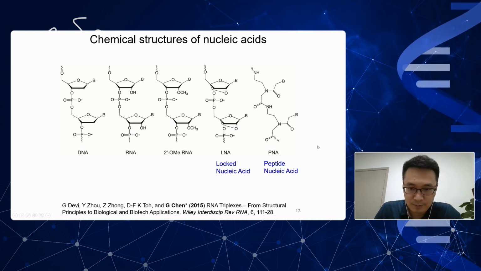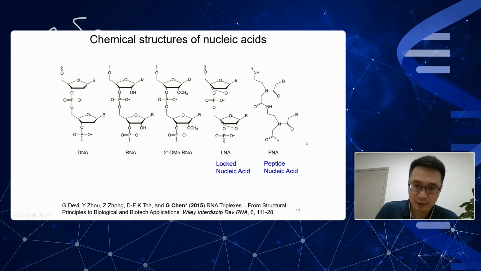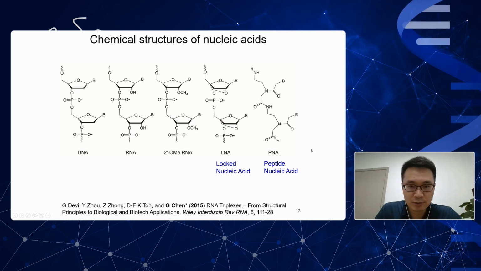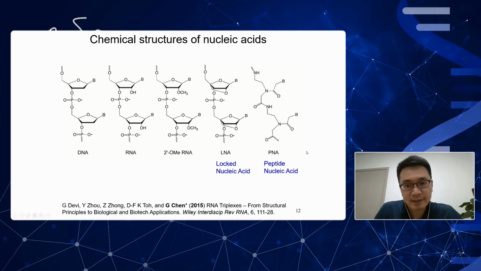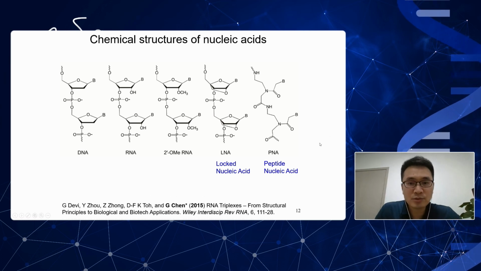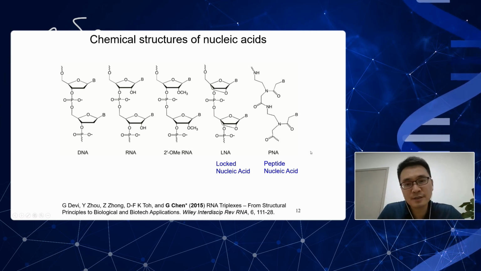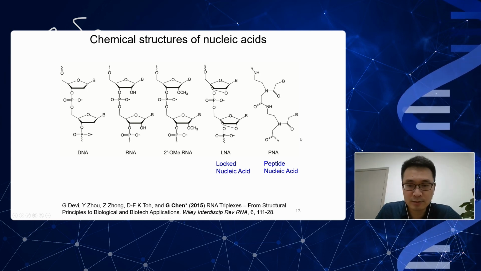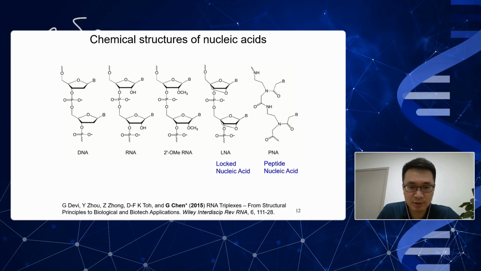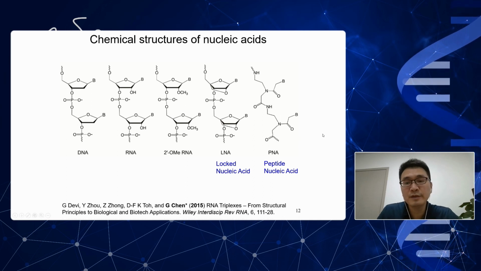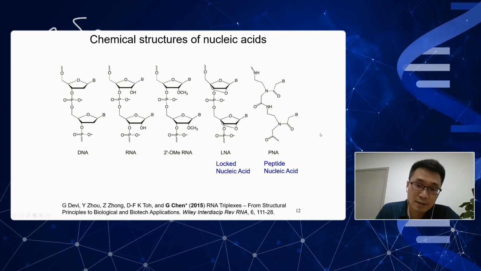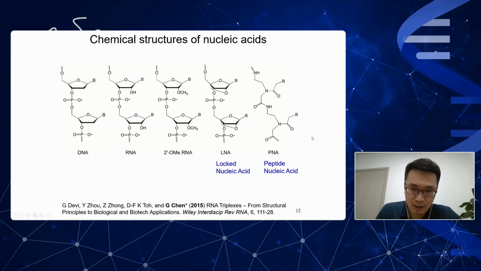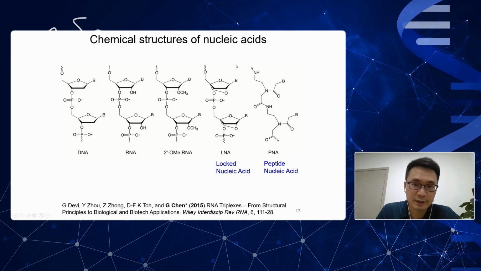But based on the design, which is already 30 years ago in 1991 from Peter Nielsen's lab, they originally believed that this PNA molecule can bind to double-stranded DNA. Later on, we and others showed that actually the PNA molecule can bind to double-stranded RNA molecules more strongly compared to double-stranded DNA molecules. The reason may be probably because PNA is less twisted, which allows it to selectively bind to double-stranded RNA more strongly compared to double-stranded DNA.